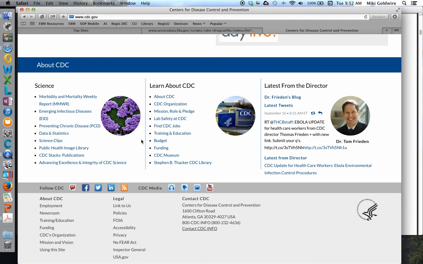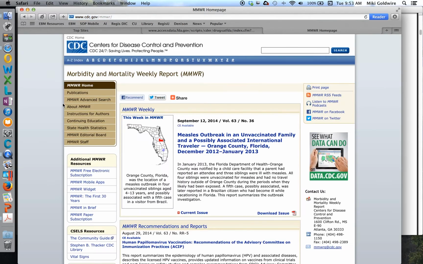So one thing about the CDC is they produce the Morbidity and Mortality Weekly Report, which is the MMWR. This is a journal, published by the CDC, that tracks disease outbreaks here in the United States, but it also tracks mortality.